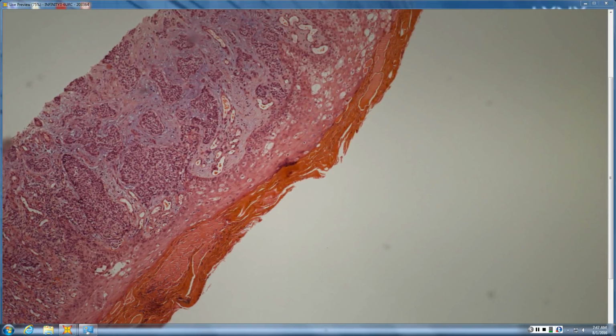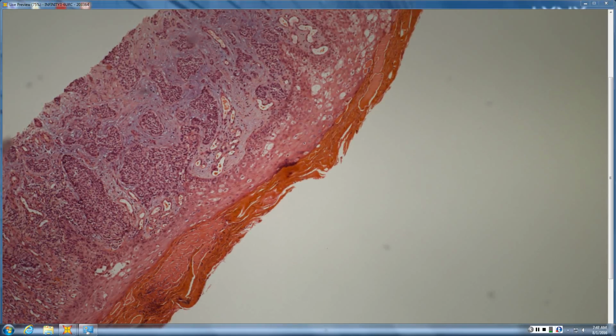What else? For melanoma, S100 is probably advised. For sebaceous, there's a good stain. EMA is the one that's most commonly used.